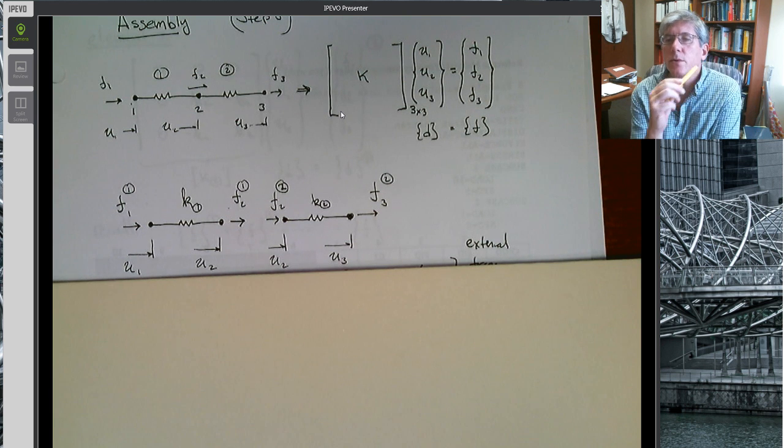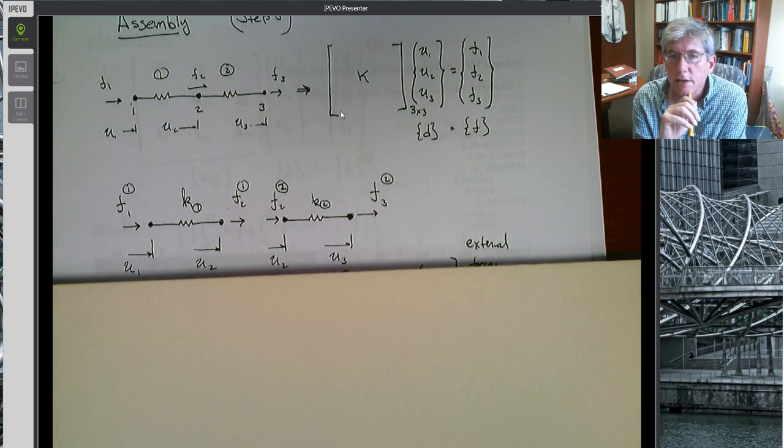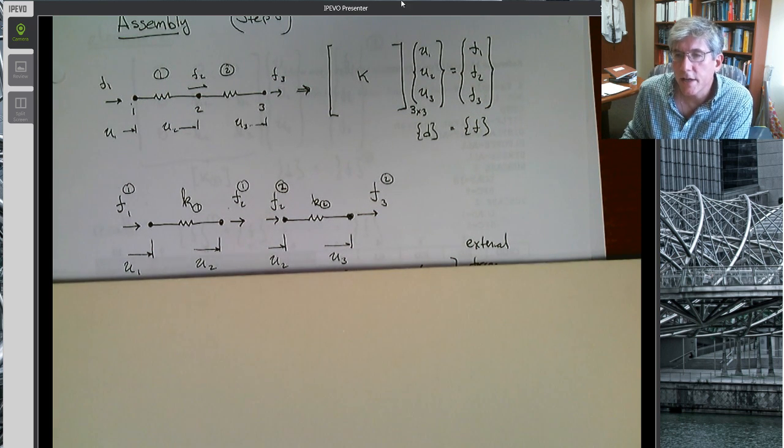Okay. So if we take the 2 elements and kind of split them apart, right? You can imagine I take this model and I split it up into 2 elements, right? So actually, when I look at this, I put this superscript onto the forces to denote the element, right?